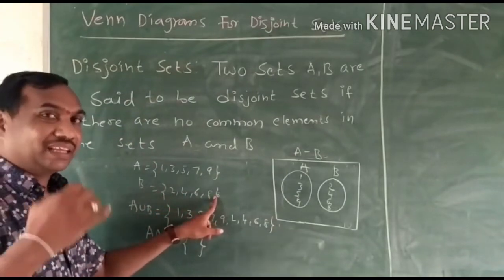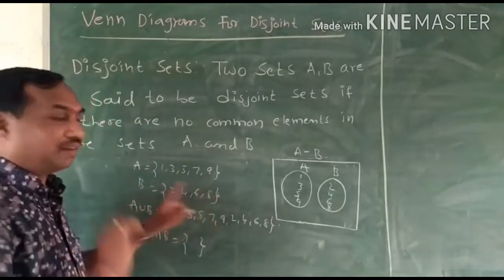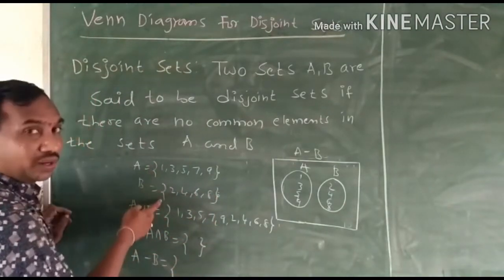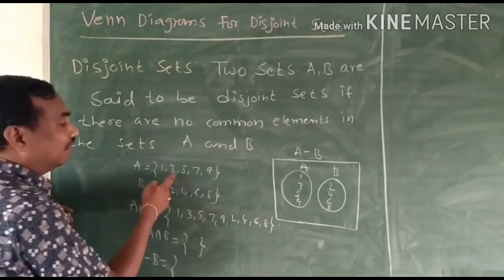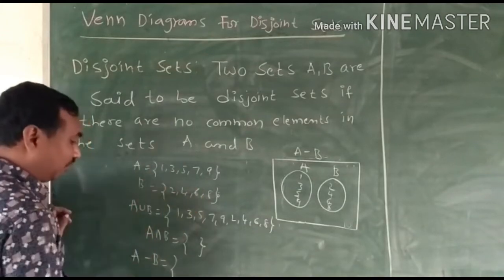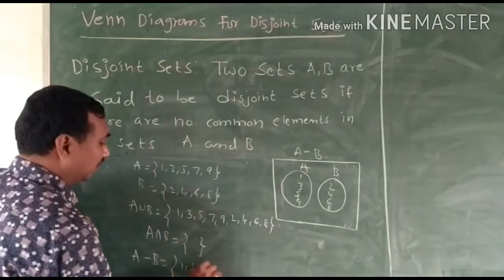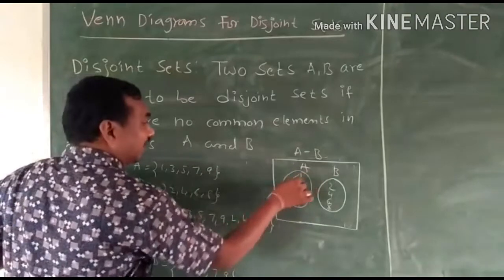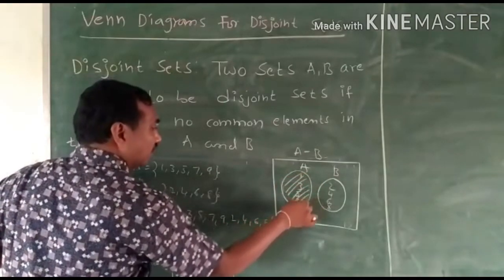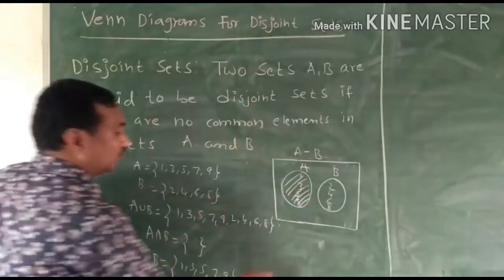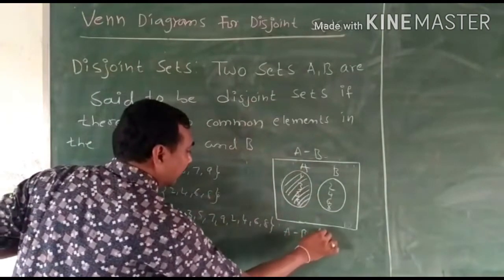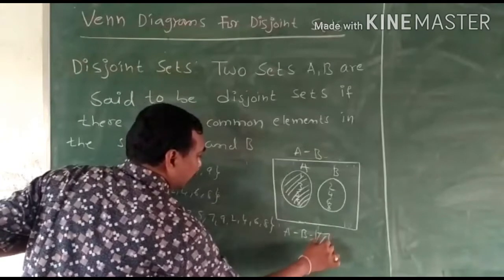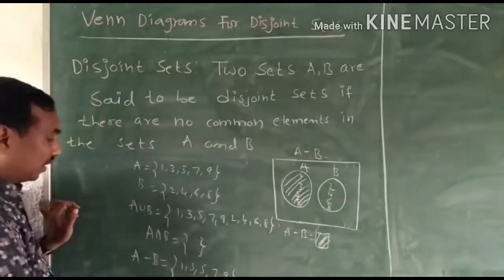A minus B means the elements in A but not in B. Because these two are disjoint sets, all the elements in A are not in B. Therefore A minus B is again 1, 3, 5, 7, 9. So we need to shade this area; the shaded area represents A minus B.